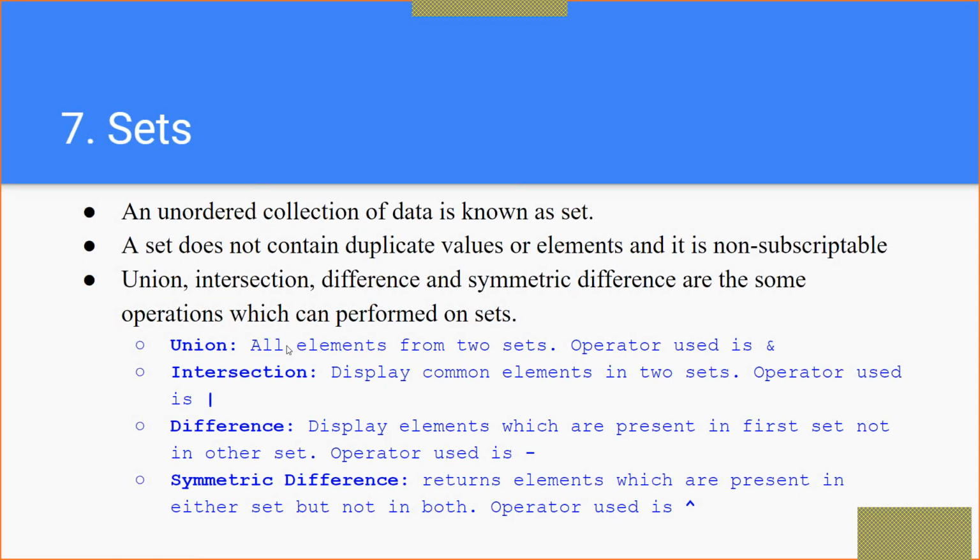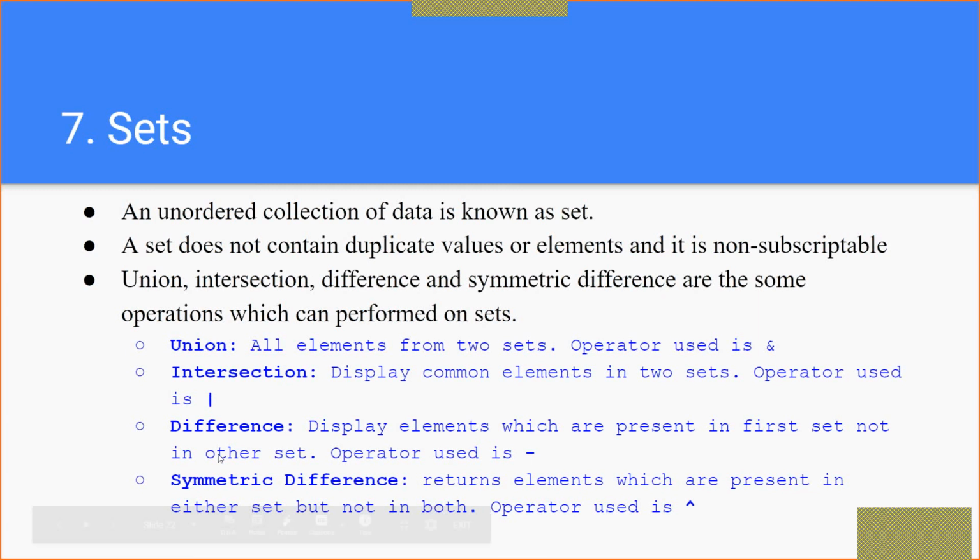In the resultant set you will have the unique elements. The operator used for union is the AND operator. Intersection is displaying the common elements in two sets, and the operator used is the OR operator, the straight line.